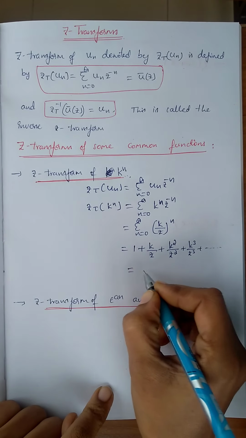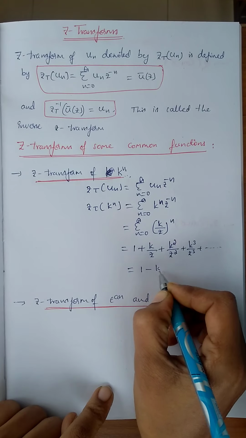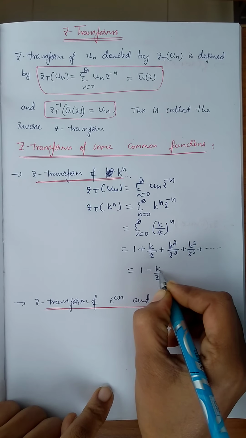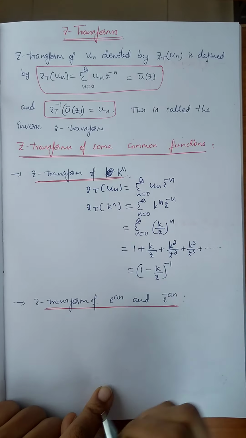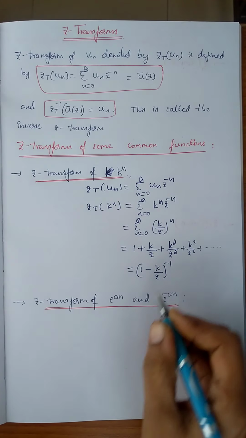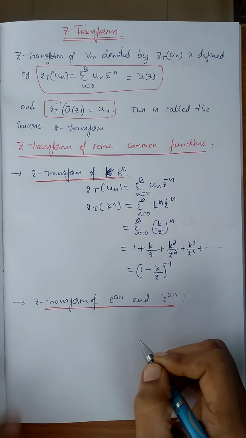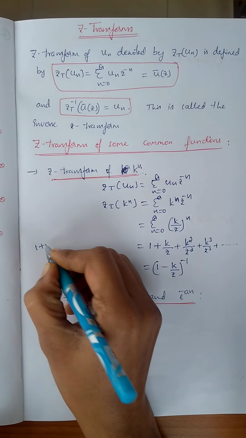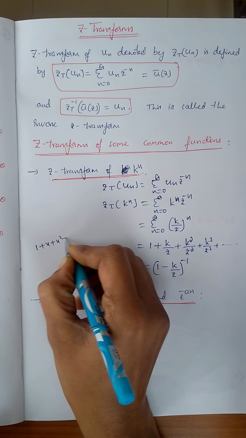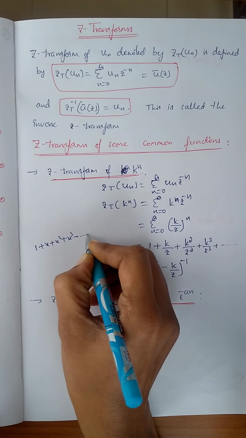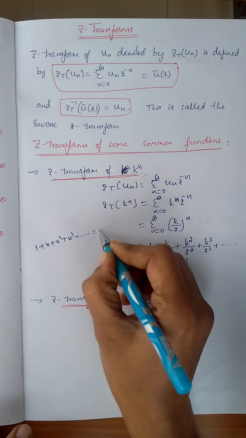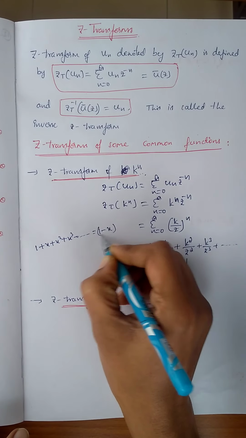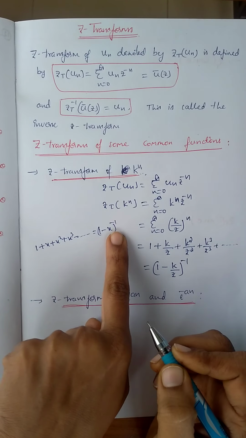This series we can write as (1 minus k by z) to the power of minus 1, because we know the expansion of the series 1 plus x plus x square plus x cube up to infinity.